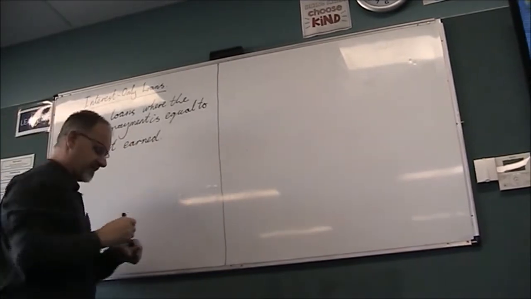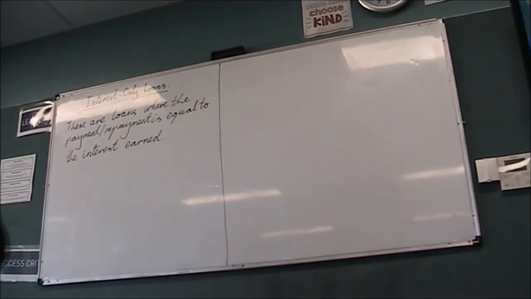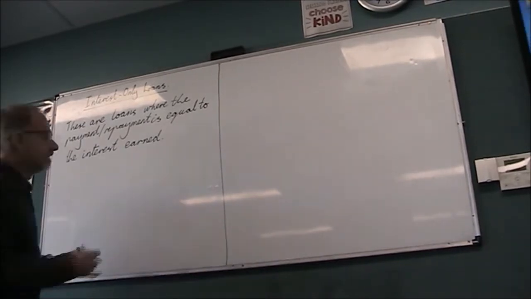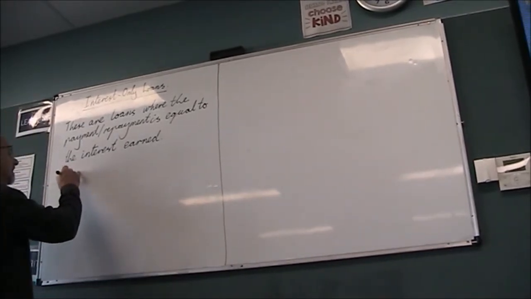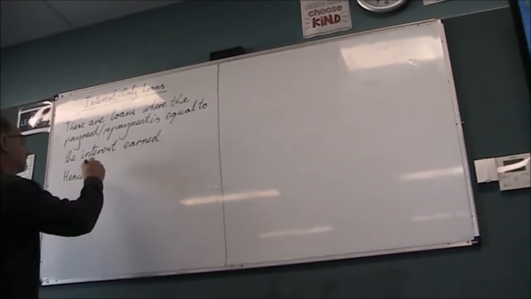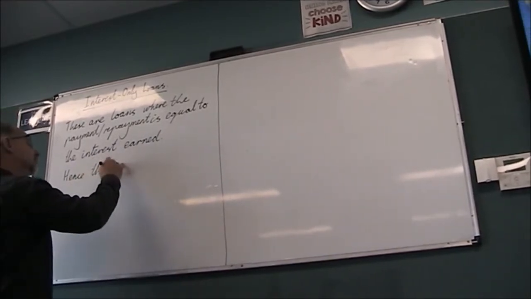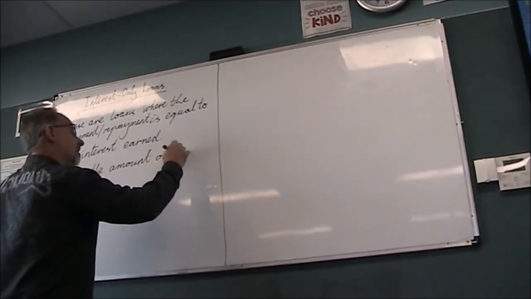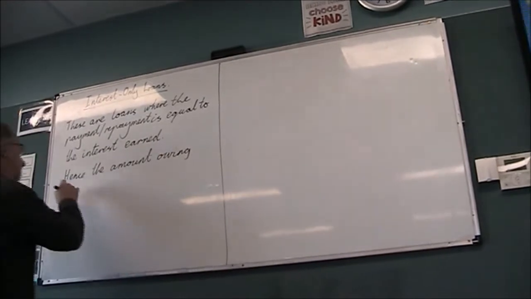If you've borrowed $50,000, then you always owe $50,000, and whatever the interest is on that, that's how much your repayments are. So, hence, the amount you owe, the amount owing, remains the same.